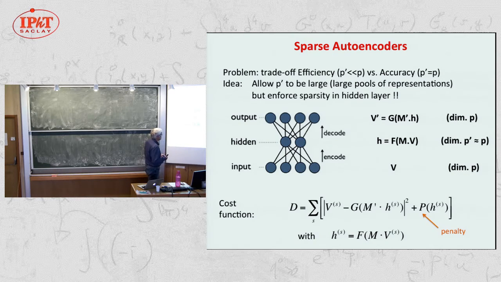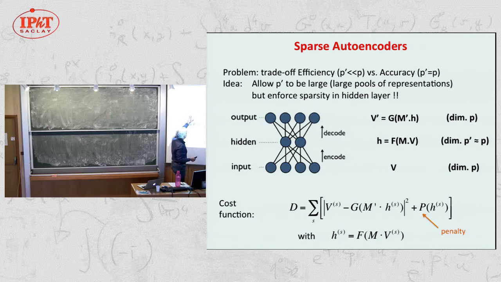So the idea is that you have many different possible representations. These representations tell you how some features, which correspond to the connection of each hidden unit onto the input layer, are present in some particular data item V, which is presented on the input layer. But what you expect is that not all features are present at the same time in the same input configuration, so that the activity here will be quite sparse.